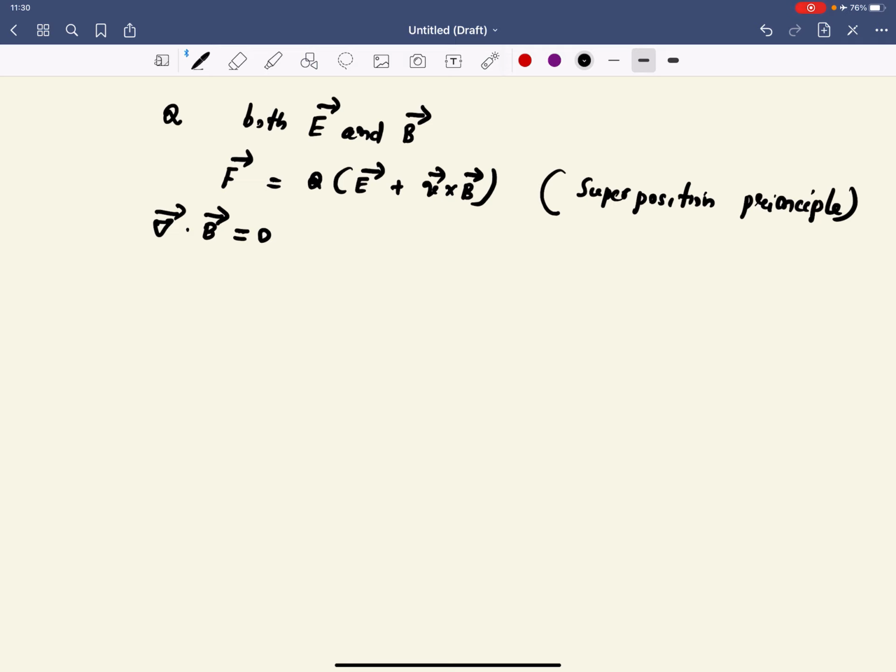So we understood that if the same charges experience both electric and magnetic fields, you can write the force as a sum of both electric forces and magnetic forces.